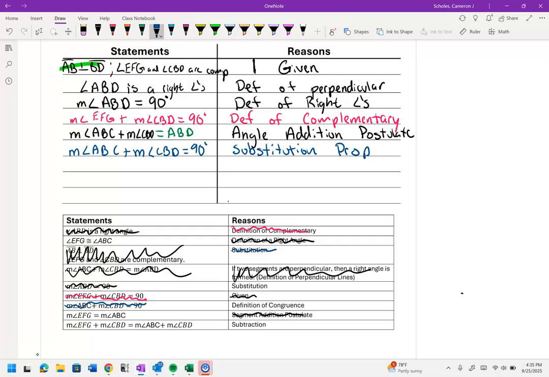Now, we also know something else equal to 90, correct? We know that angle EFG plus the measurement of CBD is equal to 90 degrees as well. So we would say, hey, the measurement of ABC plus the measurement of angle CBD is equal to the measurement of angle EFG plus the measurement of angle CBD.